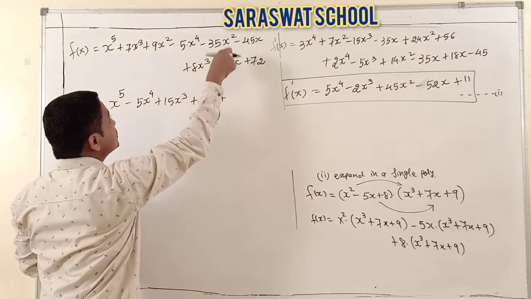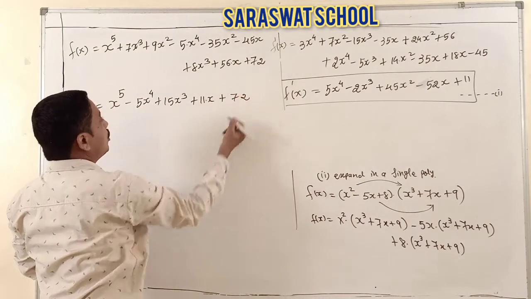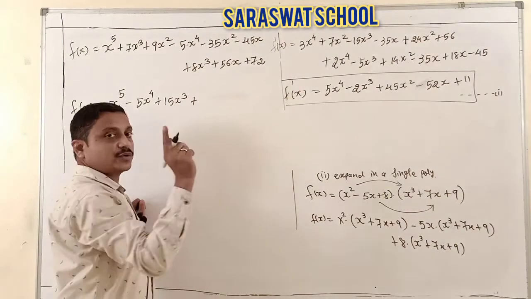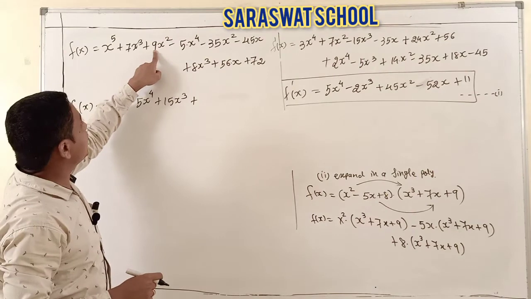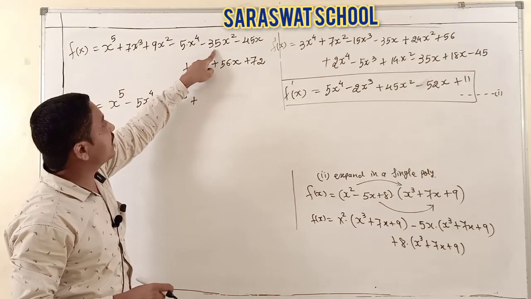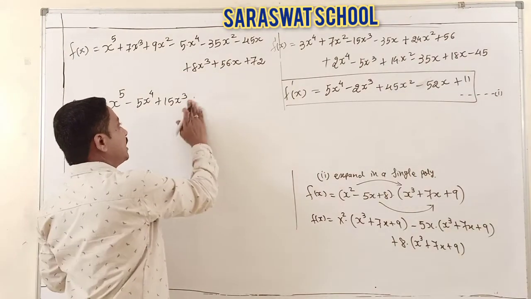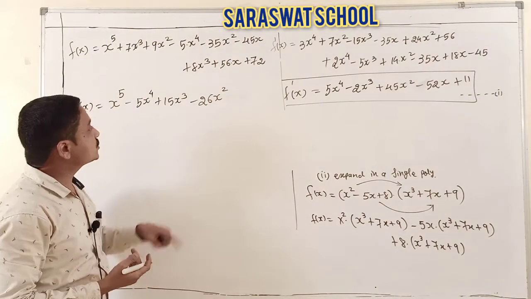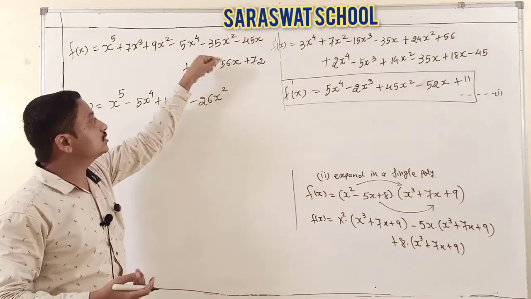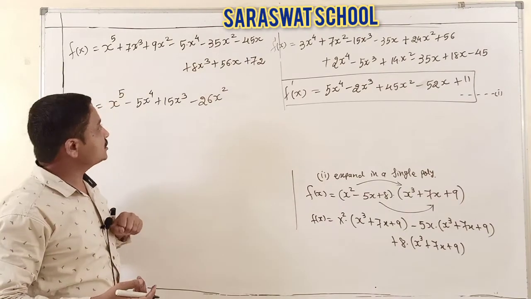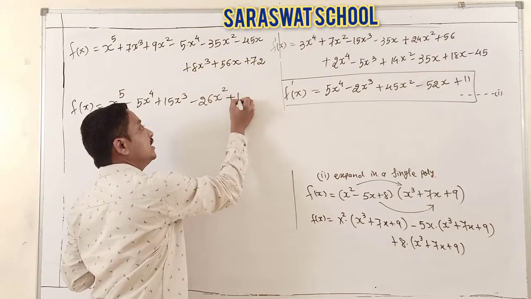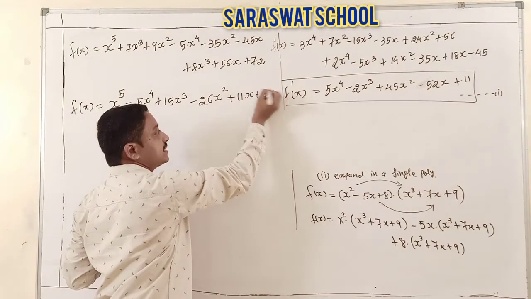Sorry, my mistake, square priority left: 9x square minus 35x square. How much? It is minus 26x square. Yes, 26 and 9 it becomes 35. And last, now single x priority, 56 minus 45, it is plus 11x and last 72.